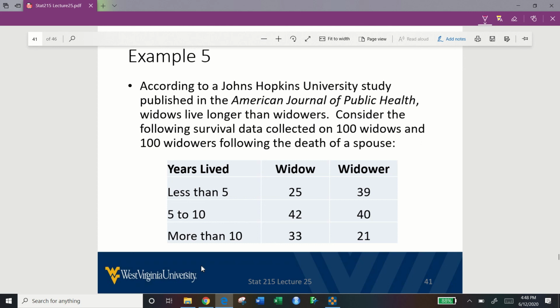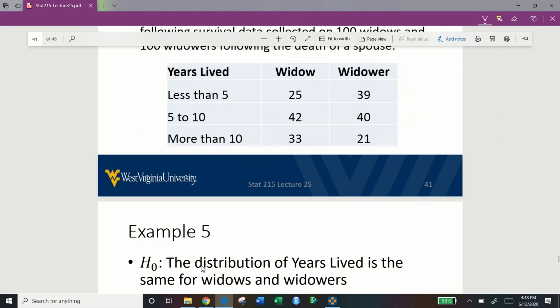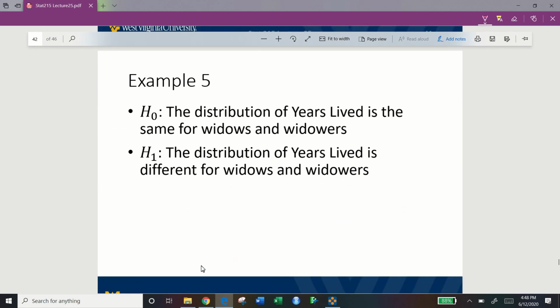In the table, we can see years lived in the categories of less than 5, 5 to 10, and more than 10. And we have our columns for widow and widower. In this case, our null hypothesis will be that the distribution of years lived is the same for widows and widowers. The alternative hypothesis is that the distribution of years lived is different for widows and widowers.